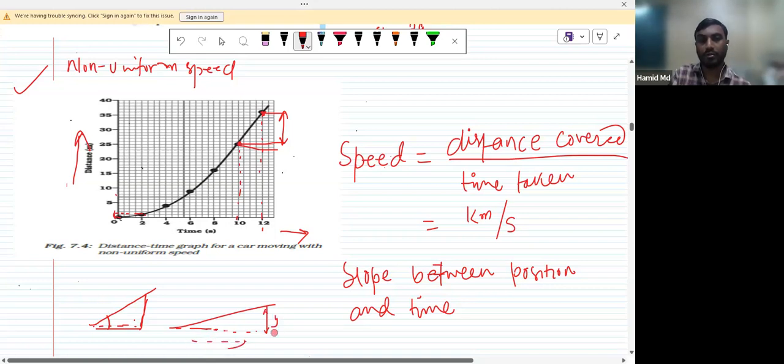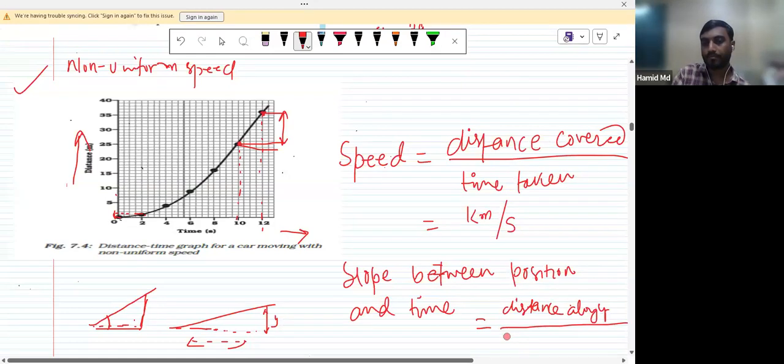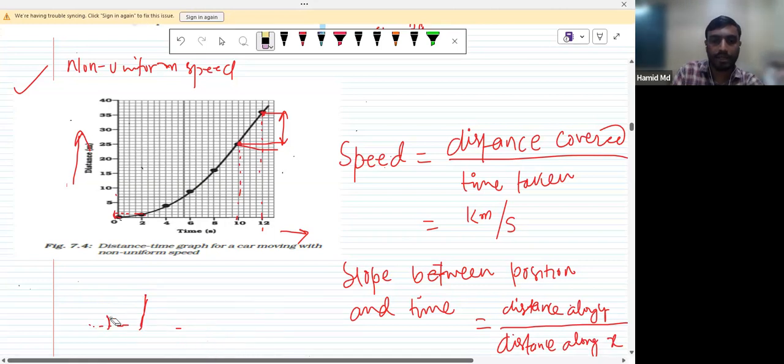Then that is the distance along y divided by the distance along x, right? When we divide these two quantities, this will give you the slope. And the slope in a position time graph gives the velocity. So my point to make over here is that the slope in a position time graph gives the velocity. Clear?